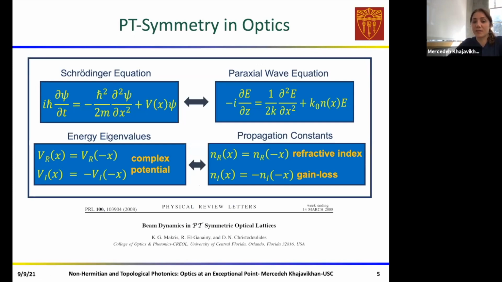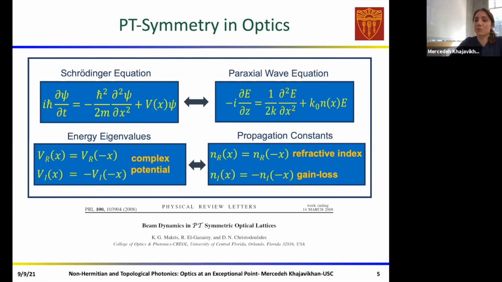The significance of this discovery, however, went unnoticed for almost a decade until my colleague from Creol, Demetrios Christodoulides, and his students noticed, using the isomorphism between the Schrödinger equation and the paraxial wave approximation, that this type of complex potentials, not easily attainable in quantum mechanics, can be very readily implemented in optics.